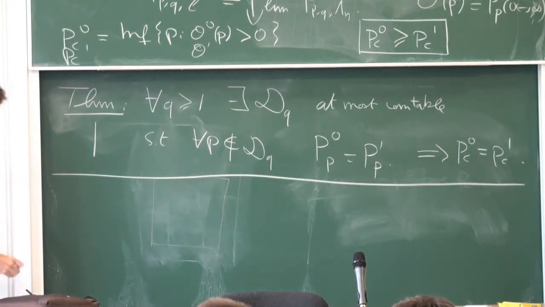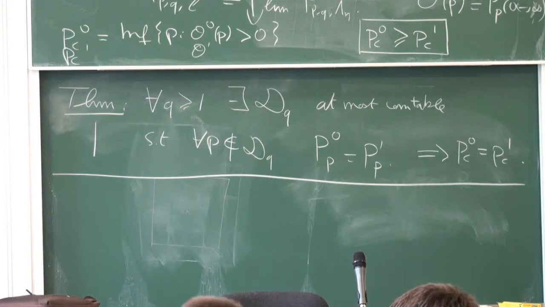What I will show is the easier bound. And essentially, I will tell you that the self-dual point cannot be in the supercritical regime.